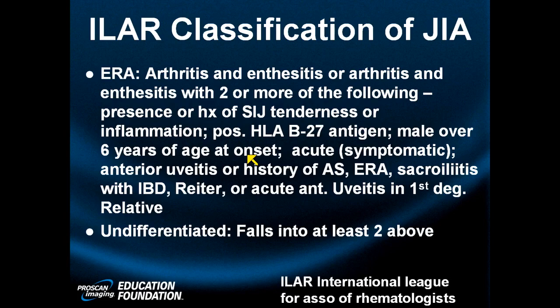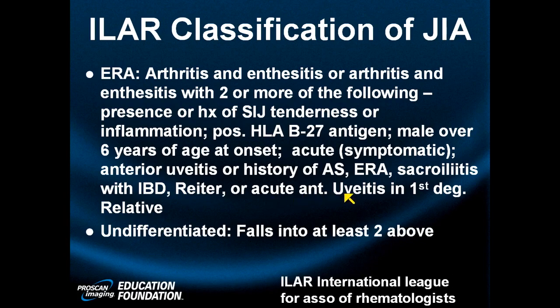But yes, this condition does affect juveniles, so it's in the juvenile idiopathic arthritis group. When they're acute, they're symptomatic. They may have anterior uveitis, and they may or may not have a history or a family history of ankylosing spondylitis. They may have the classic Reiter's syndrome presentation of uveitis and urethritis or not.